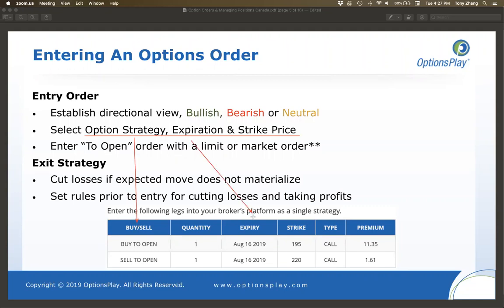It will determine your expiration date, your strike price, and it will also determine your type. Now, the premium comes from the market. So the premium is not something that you have control over, but it's something that's actually controlled by the market. And then the quantity is determined by your risk tolerance. So whether or not you have the capital to trade 1 contract or 10 contracts or 100 contracts is based on your account size. So these are the different things that you have to account for when you're entering an options order.